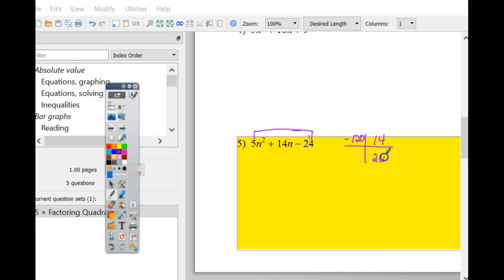So if I do 20 and 6, I want a positive 14, so I'm going to have a negative 6, because 20 times a negative 6 gives me minus 120. 20 minus 6 gives me 14. So I'm going to write 5n and 5n, and then plus 20 and minus 6. So in the first one, I can reduce by 5, and in the second one, I get 5n minus 6.